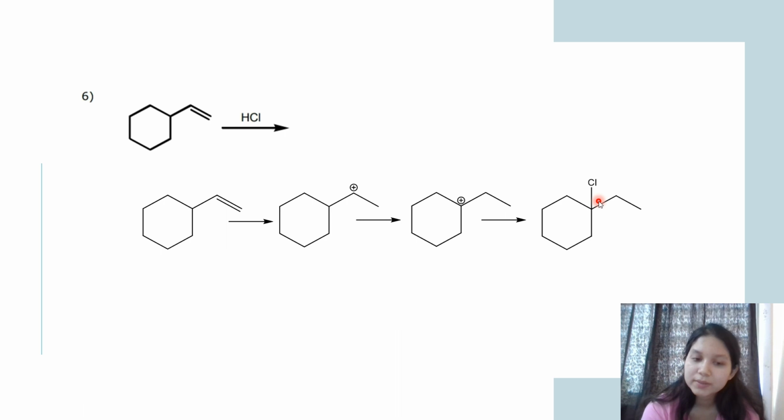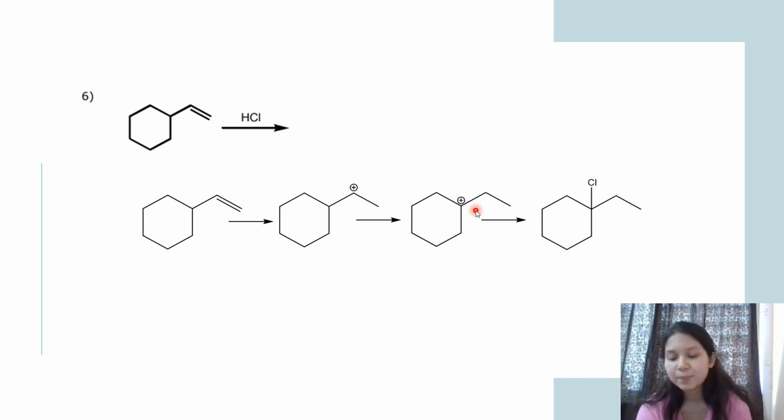I hope you understood that first you form a carbocation by protonating this double bond, and then you shift one proton from this position to this to get the more stable carbocation, which is a tertiary one. So in such cases you always have to look at the adjacent carbon. If you are getting a more stable carbocation, then just go for it.